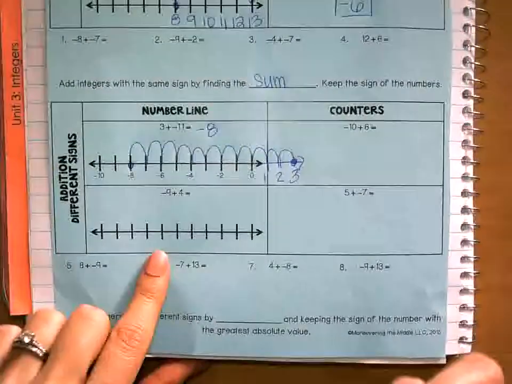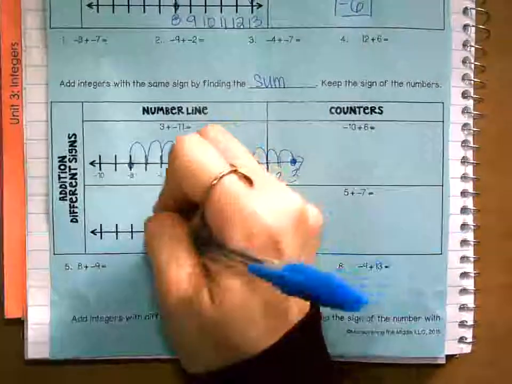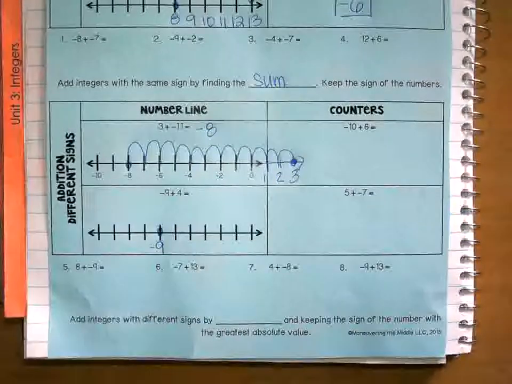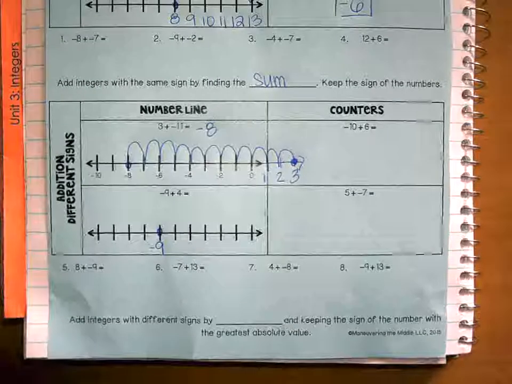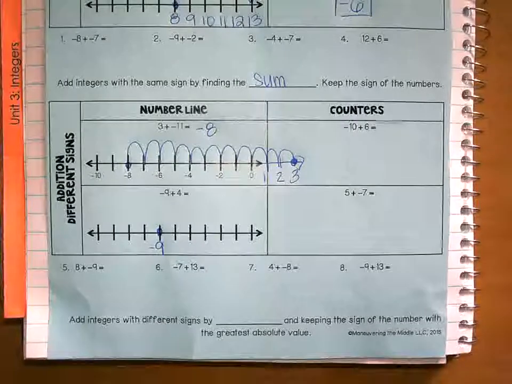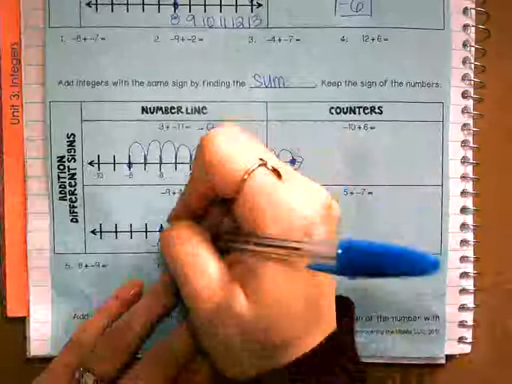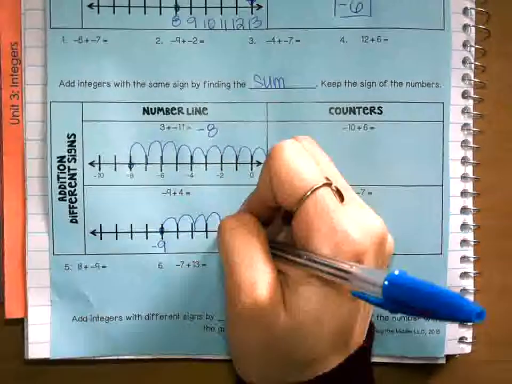Okay. Let's come to this next one. I have a negative 9. I'm going to put it right here. I want to add 4. I'm adding a positive. Do adding positive numbers go to the left or to the right? To the right, just like they typically would, right? So I'm going to add 4: 1, 2, 3, 4.